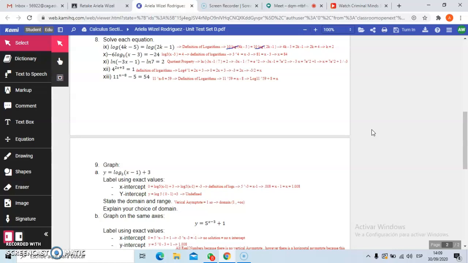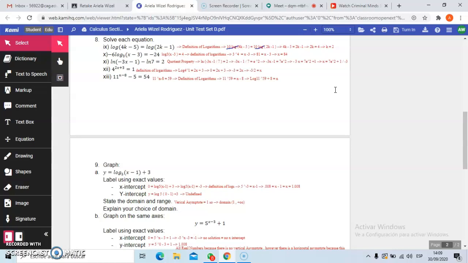And I want to get rid of the natural logarithm, so I know that e is the inverse of natural logarithm, and since there is a 2 on the other side, the 2 becomes an exponent. So now I am left with negative 3x minus 1 over 7 is equal to e to the second power.